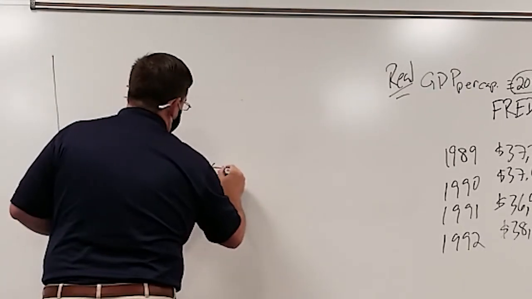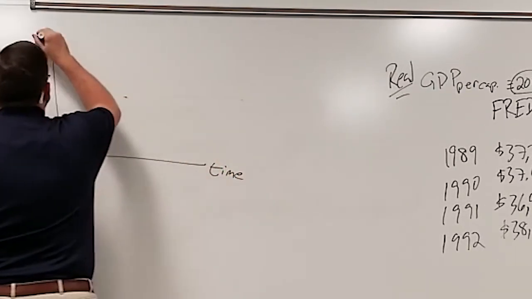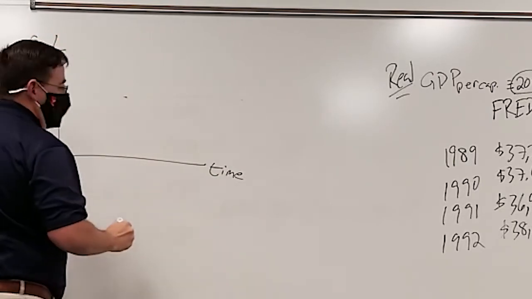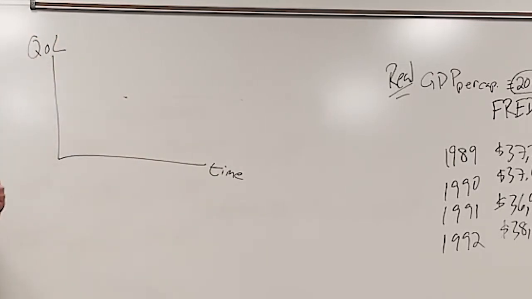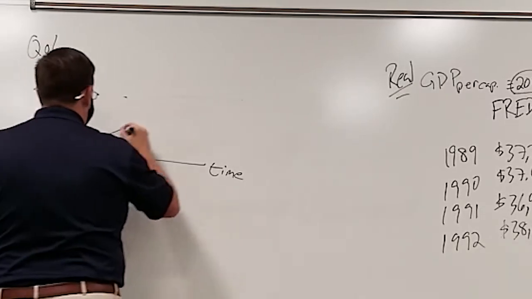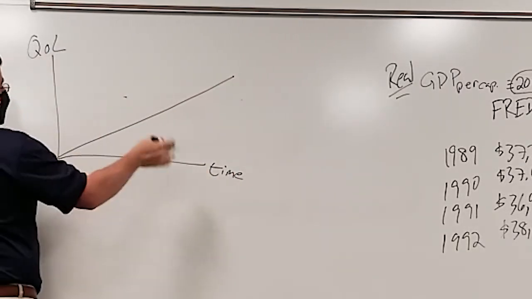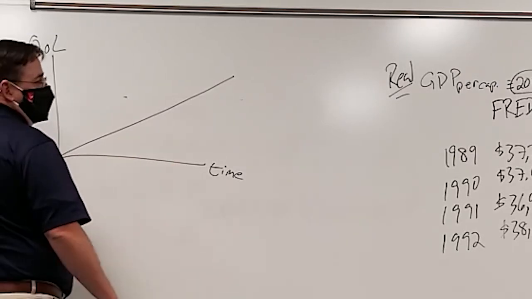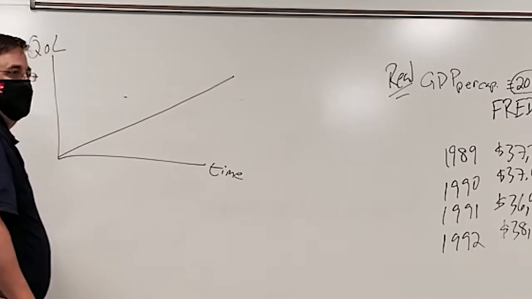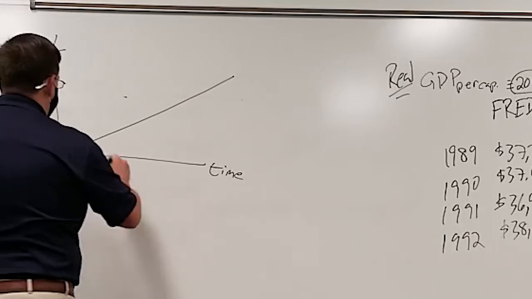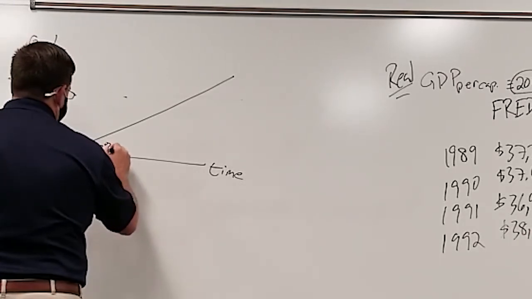So if we think about the economy over time and think about our quality of life, we understand that our quality of life has been improving at the rate of around 2 or 3% a year, such that our quality of life doubles every 26 to 35 years. So this is growing at somewhere between 2 or 3%.